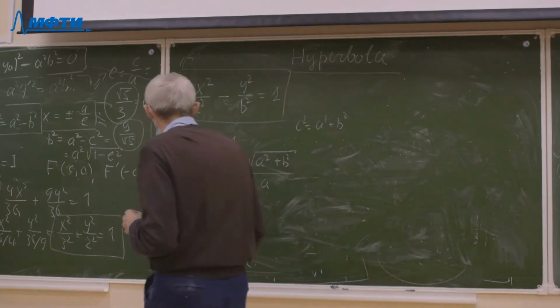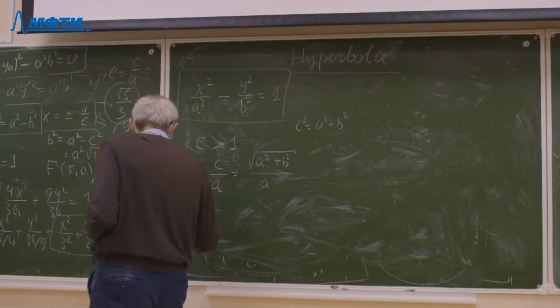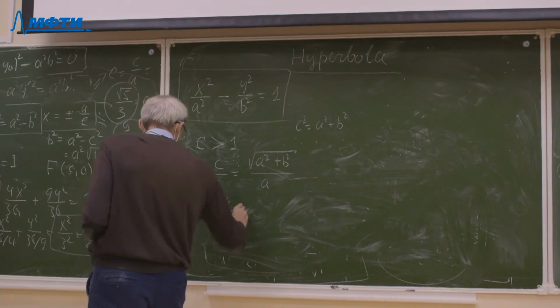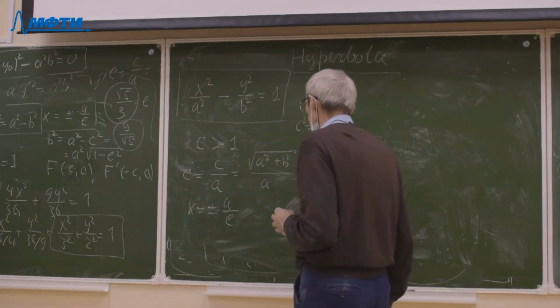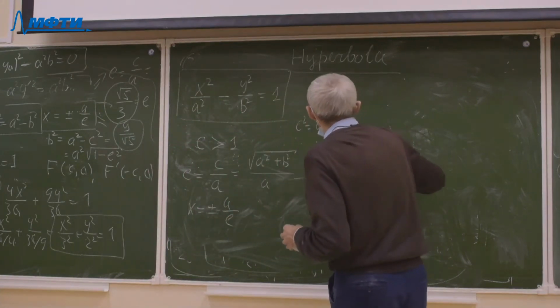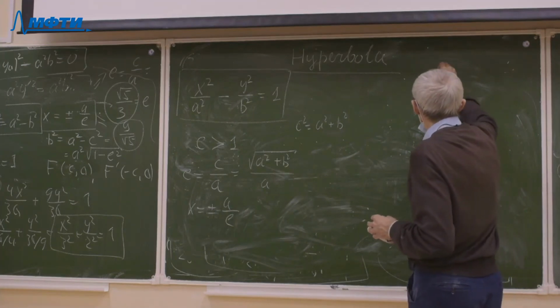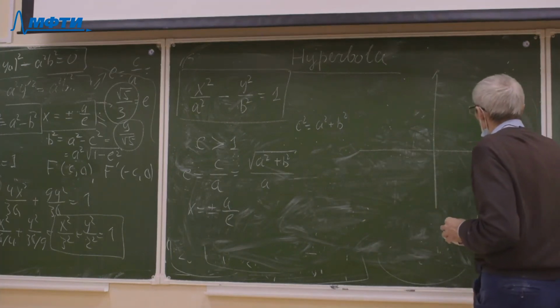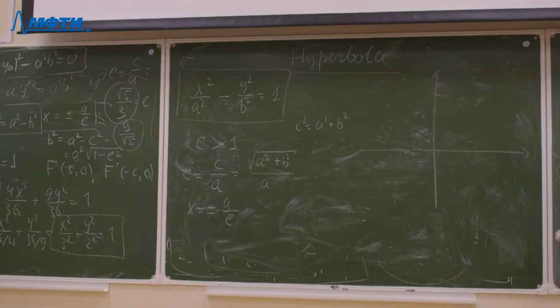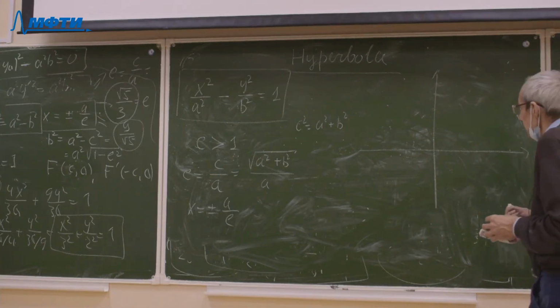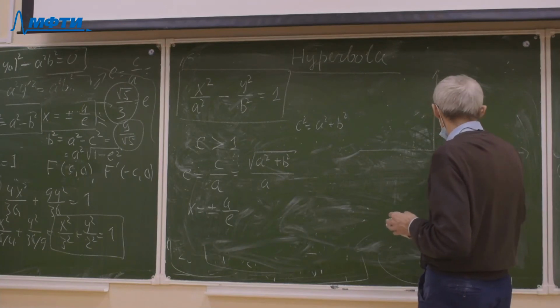The formulas for directrices are the same: x is equal to plus or minus the ratio a over e. But the drawing which illustrates the hyperbola is different.